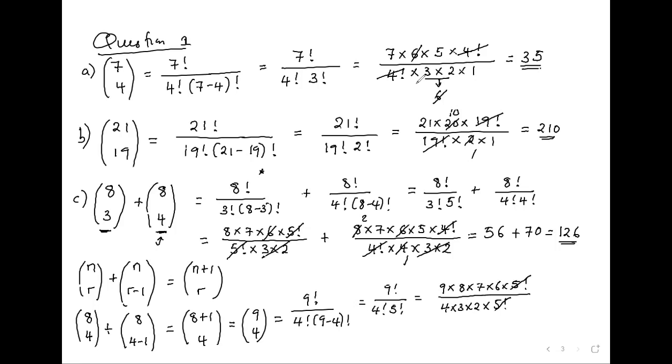Yeah, it's 4 minus 1, because 4 minus 1 is 3. And then 3 and 2, they'll take away 6. Then 4 reduce this guy to 2. So we have 9 times 2 times 7.